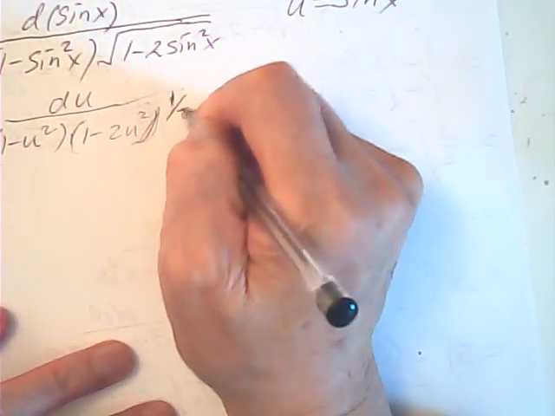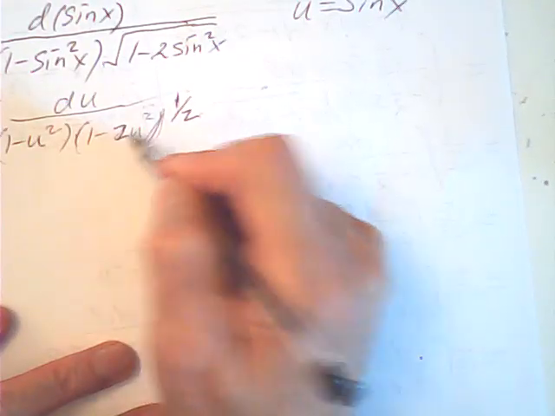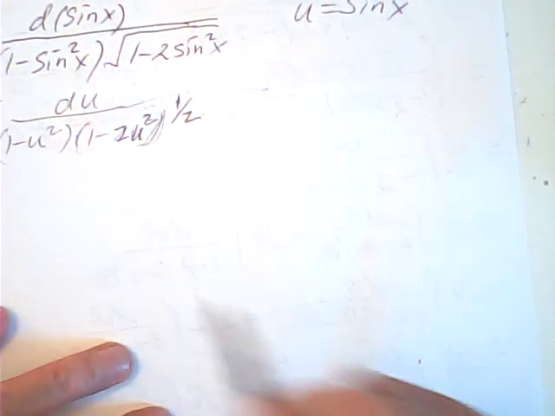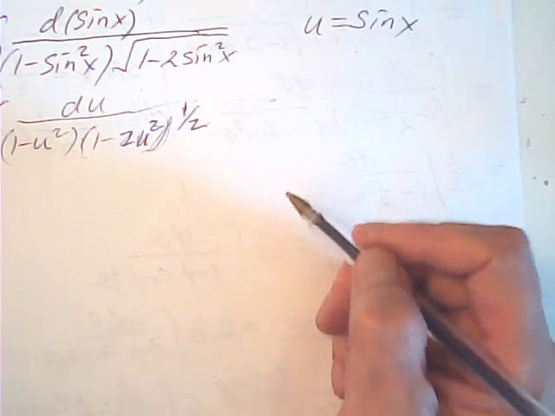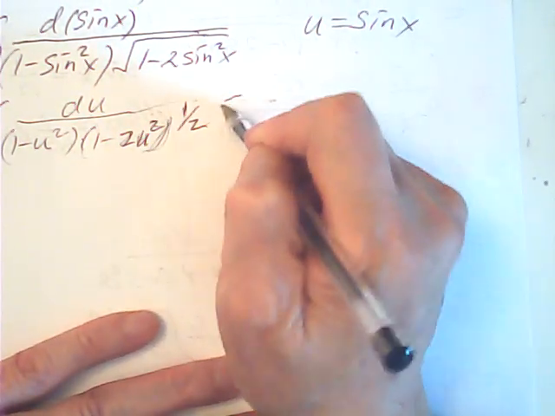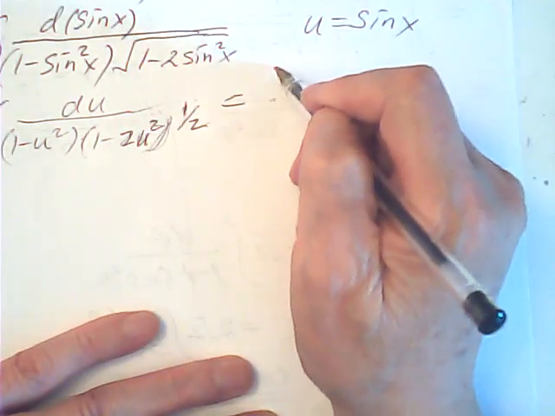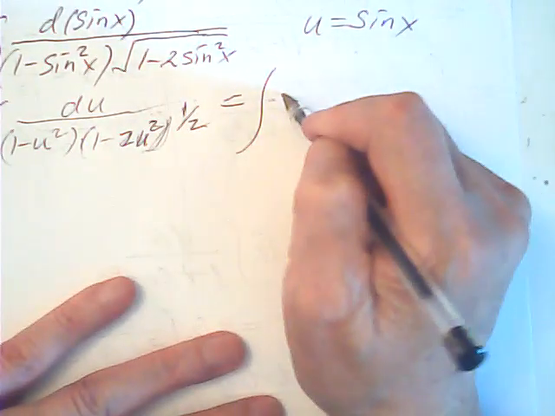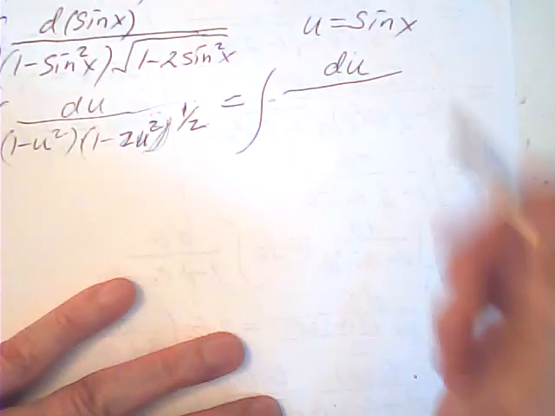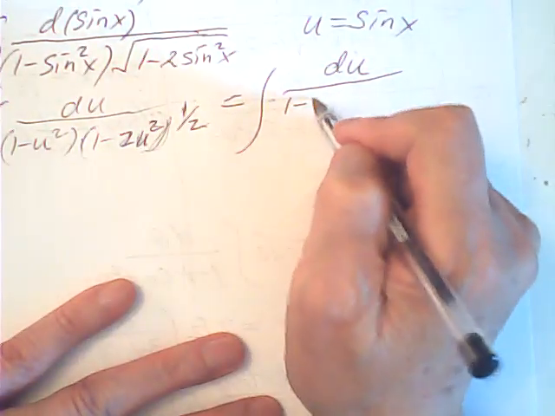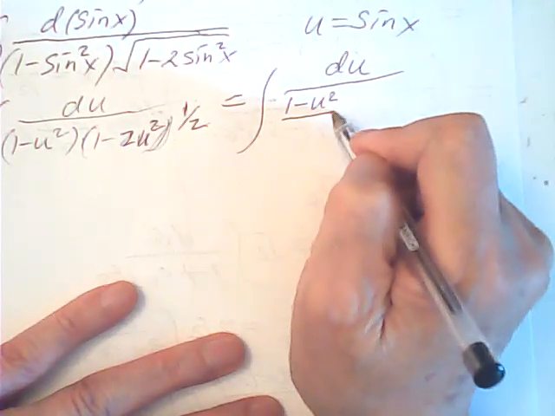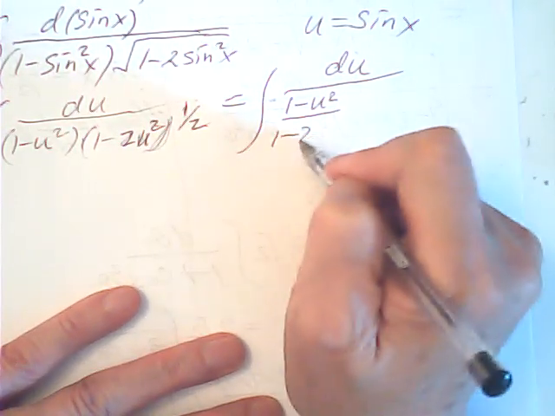This is 1/2, right? 2u square. Yeah. Okay. And I divide by this 1 minus 2u square.